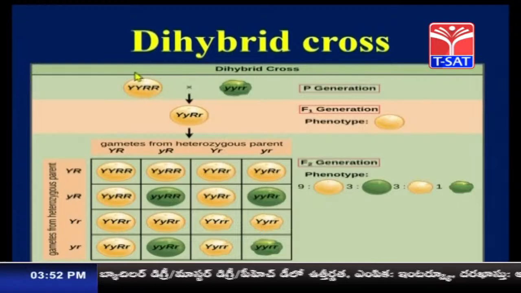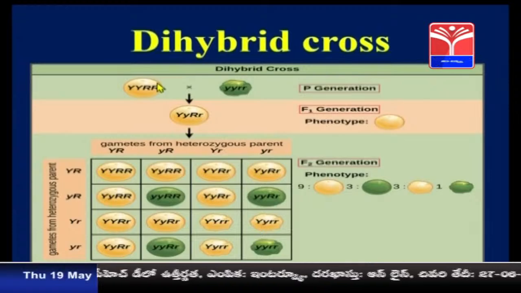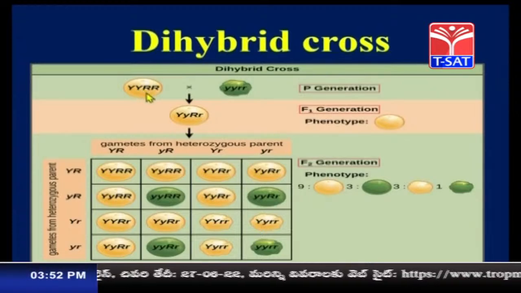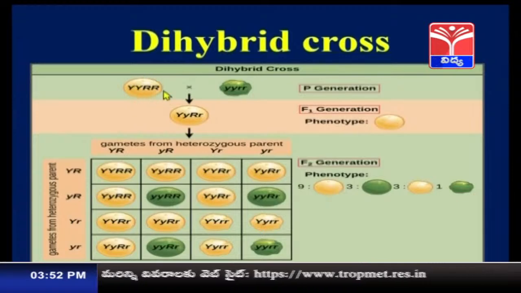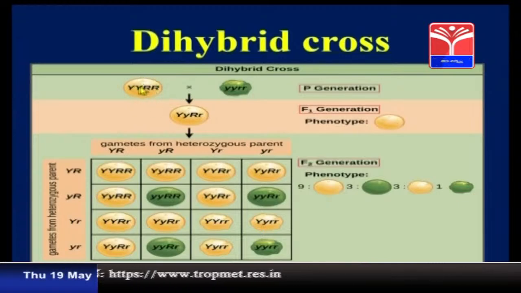He found that yellow color seed, which we already saw is a dominant character, and the shape of the seed being round. So these 2 are dominant characters. Green color seed is recessive, we know that, and the shape of the seed here is wrinkled. That means the outer shape is not round, it is wrinkled, right.